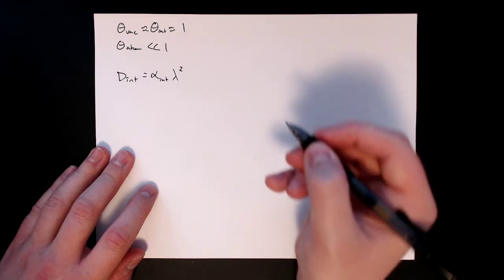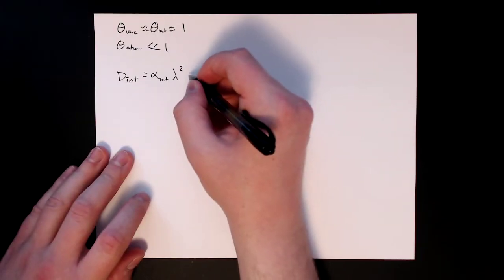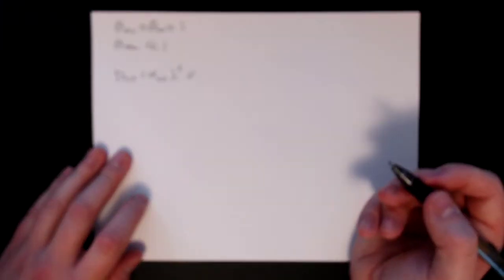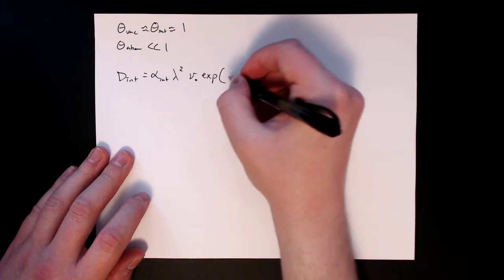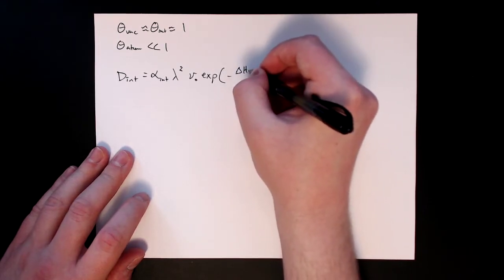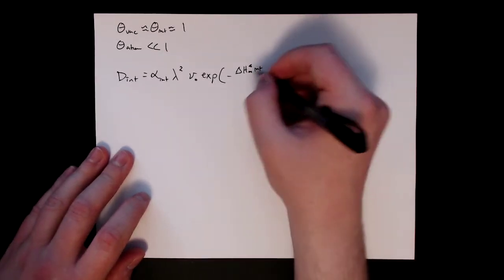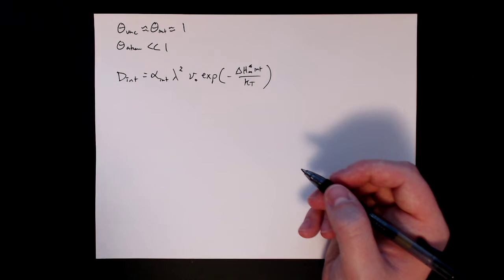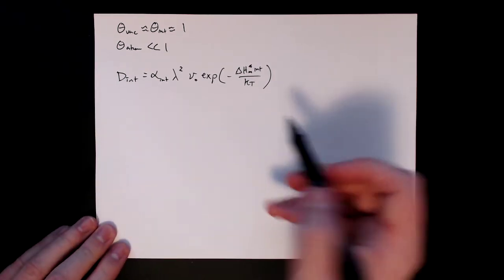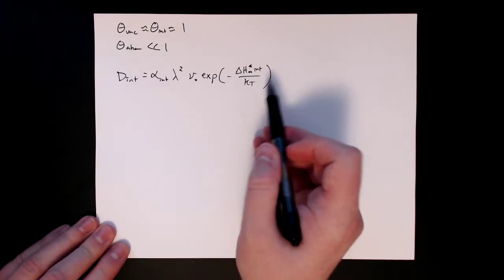lambda squared, and then we have our omega term, which was related to nu, so nu not exponential of minus delta H of the interstitial, and then this is over KT. So again, because our value up here was close to 1, that's why you don't see it here.